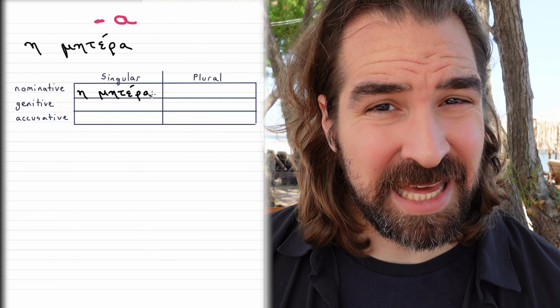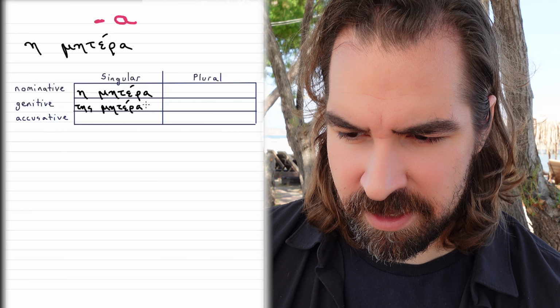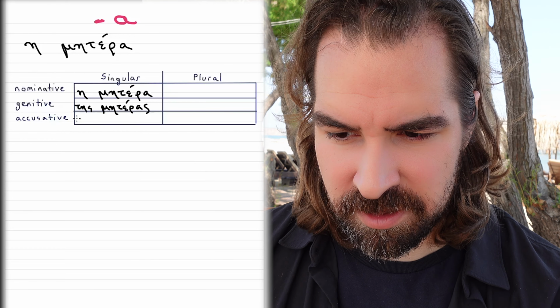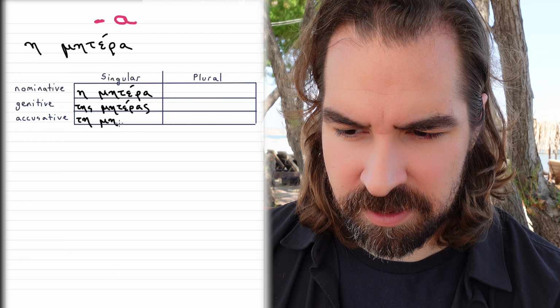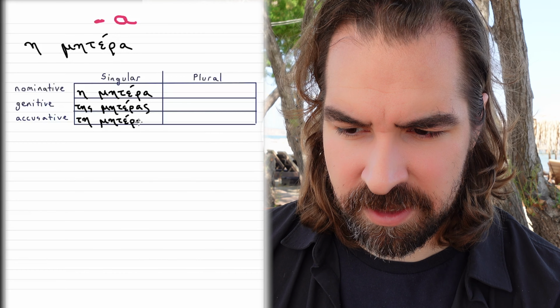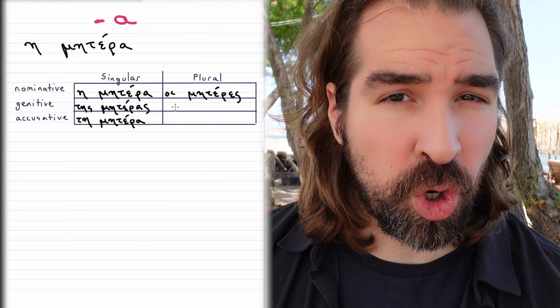Η μητέρα, της μητέρας, ending in a sigma. Την μητέρα. And now the plurals, the plural nominative. Οι μητέρες.